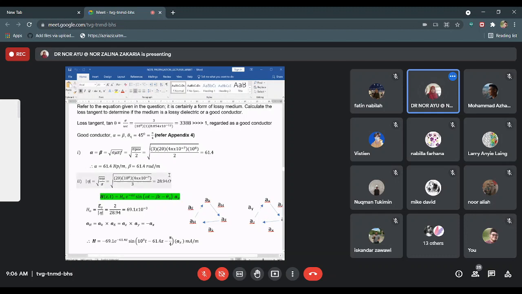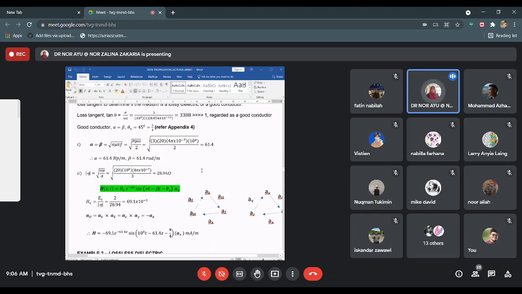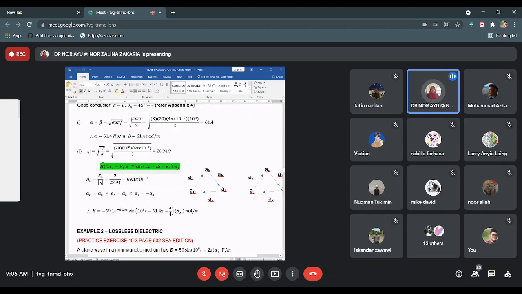Next question, you need to find the equation for H. The first thing, please write down the general equation for H for the lossy medium. This is the general equation: H(z,t) equals H naught e to the negative alpha z sine of omega t minus beta z minus theta n, direction is a_y.